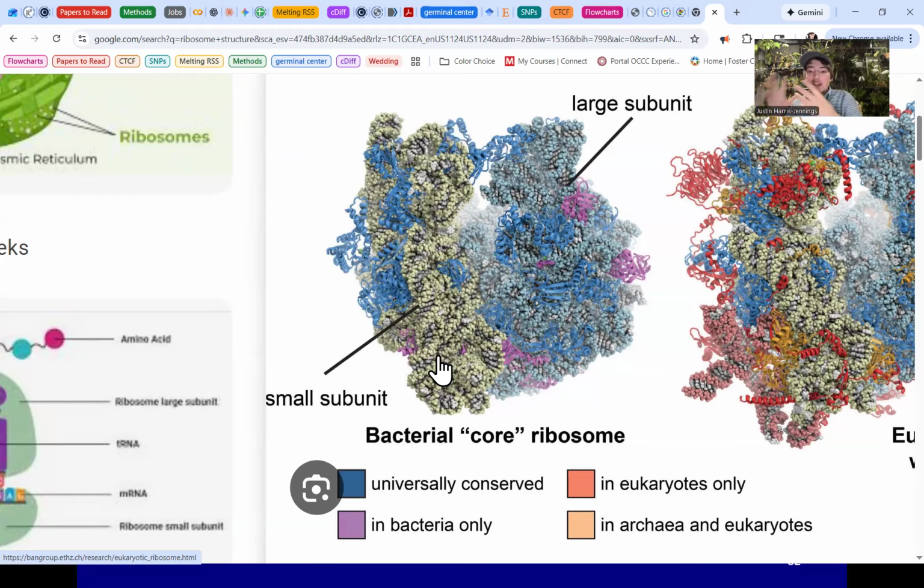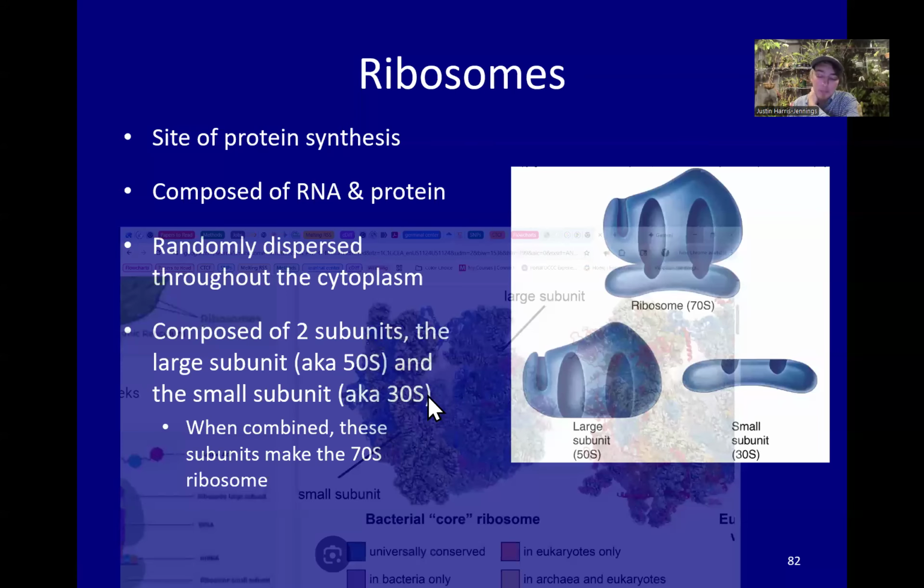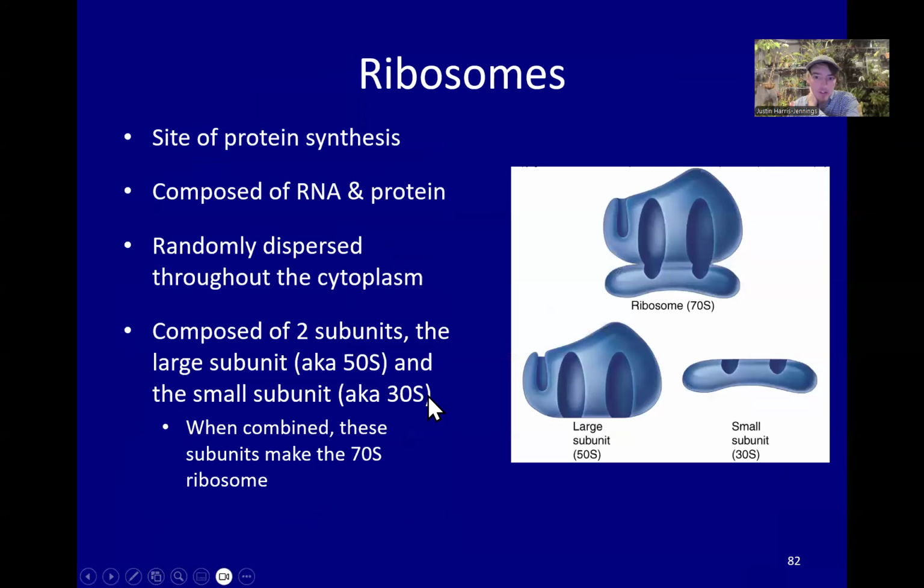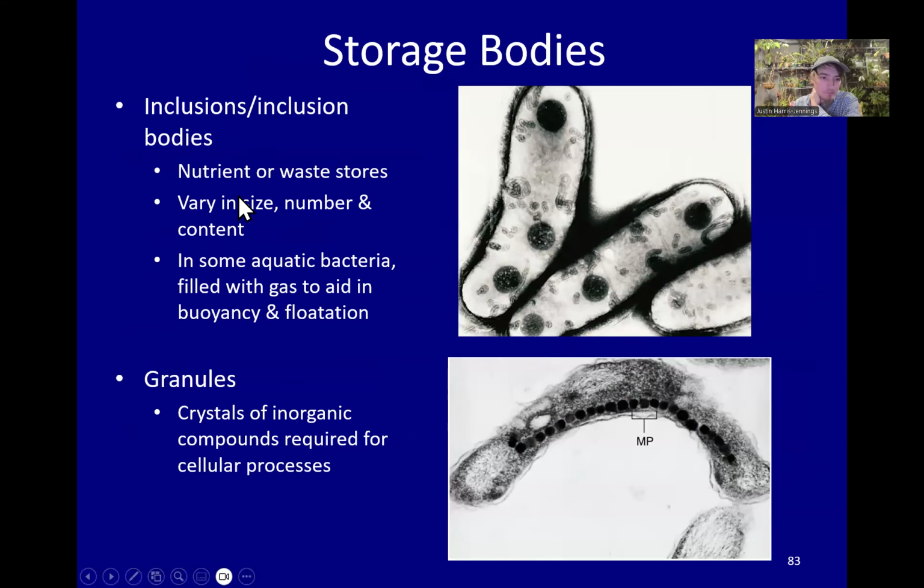And those are working together in this machine that reads in RNA and spits out protein. And I just want to say for future, this RNA is different than the RNA that it's reading. So this is rRNA, while what it's reading is mRNA. But that's next lecture, next unit, I mean.